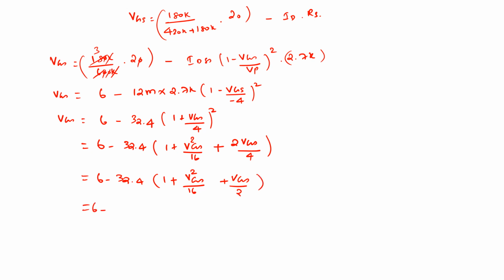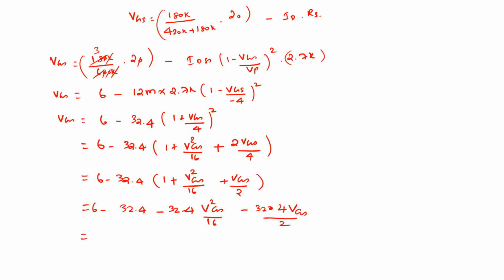So 6 minus 32.4 minus 32.4 VGS square by 16 minus 32.4 VGS by 2.